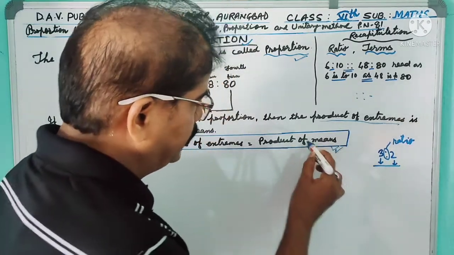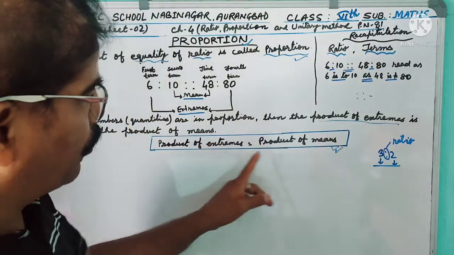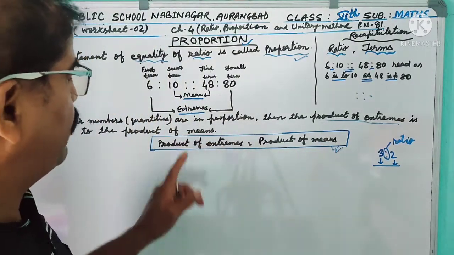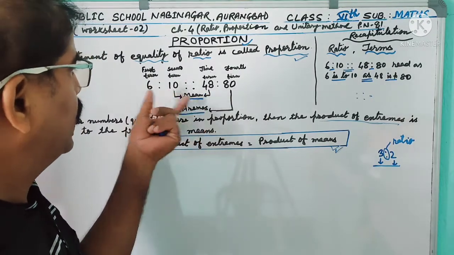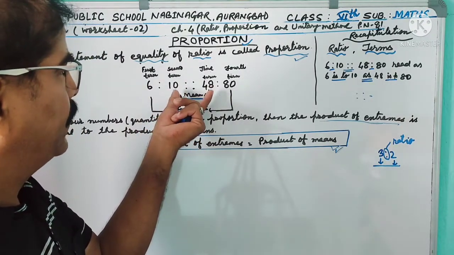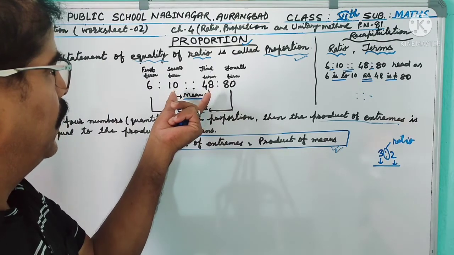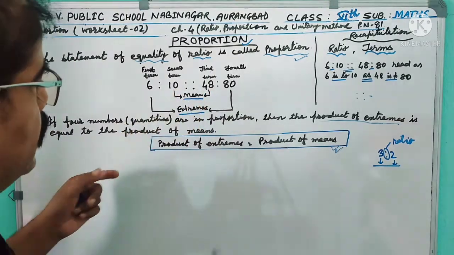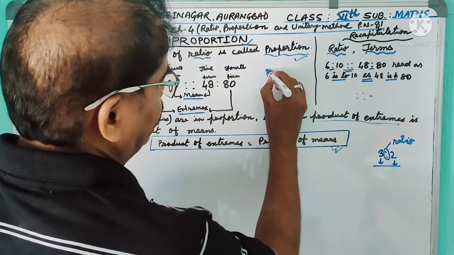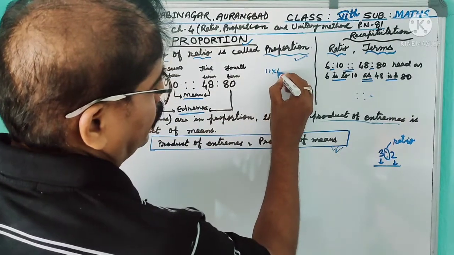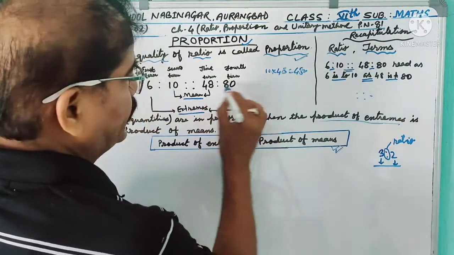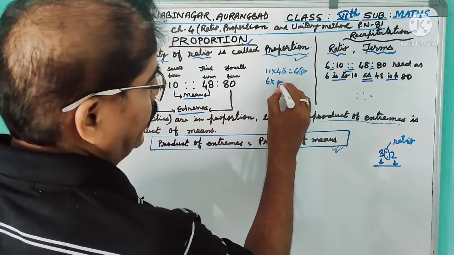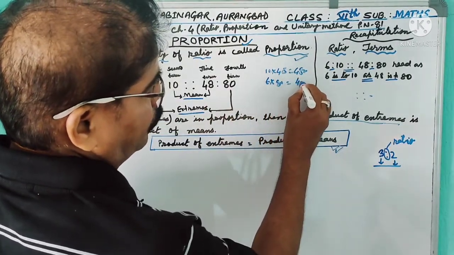This is very important for this chapter. So the product of means is 10 into 48, that is 480, and 6 into 80 is 480.